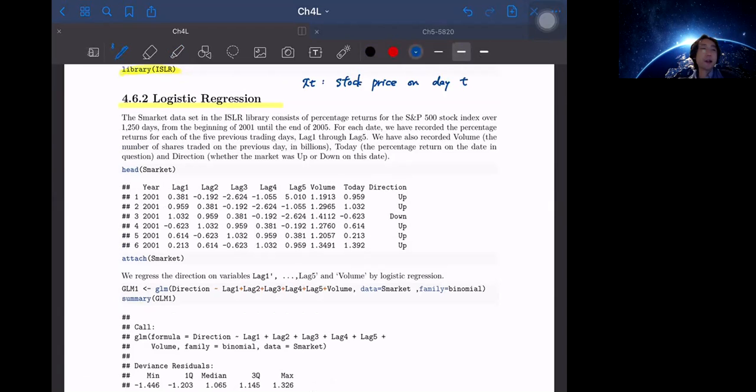The stock price itself does not have much meaning, but the stock market return is an important indicator. So basically, we think about X_t minus X_{t-1}. I would call this the delta of X_t. This is the stock market return.